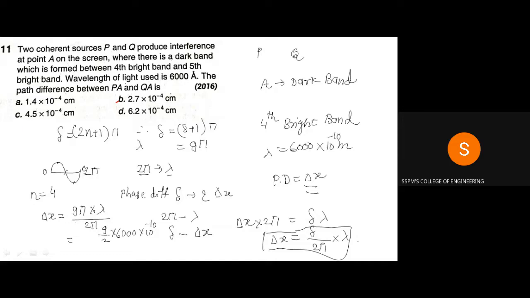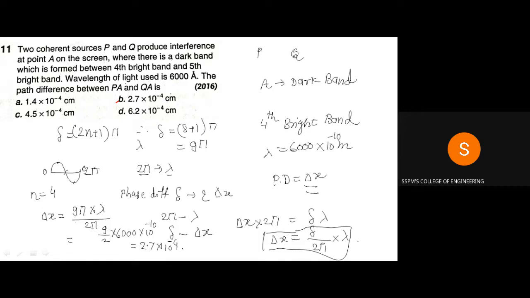Delta x equals 9/2 into 6000 into 10 raised to minus 10. After calculation you will find this in meters. Okay, so the answer is 2.7 into 10 raised to minus 4.